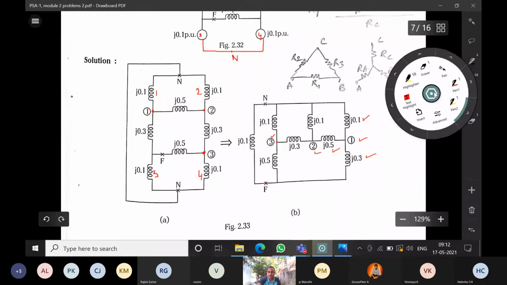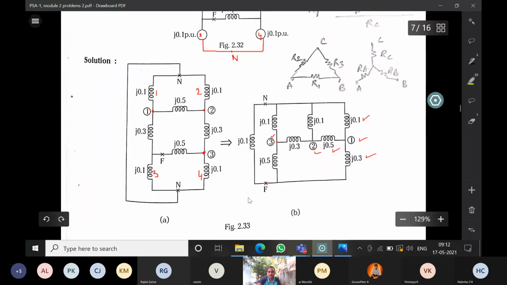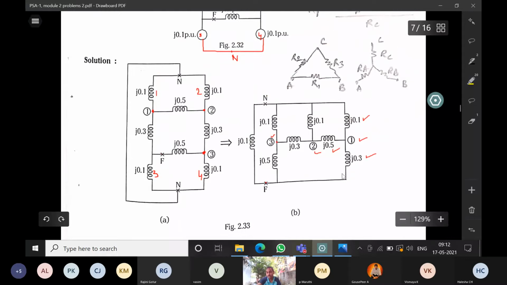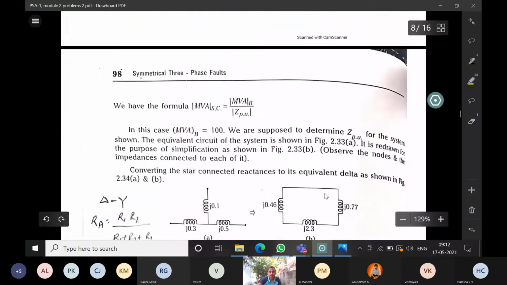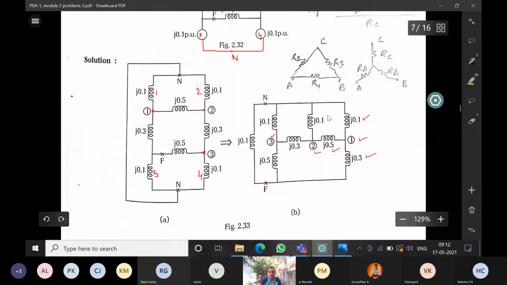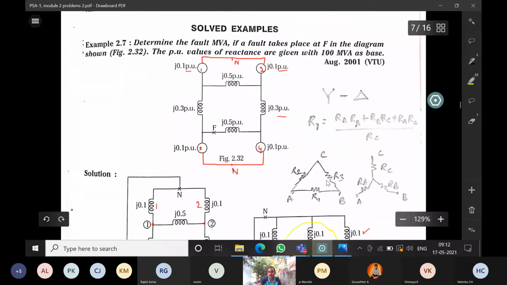So now we need to simplify this circuit. For that purpose, we need to convert star into delta. So star to delta. So this is star connected. Okay, convert the star connected circuit to delta.